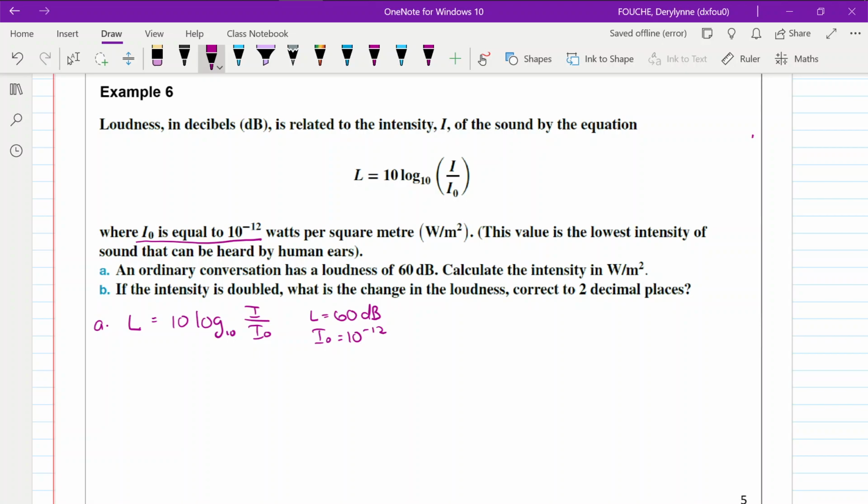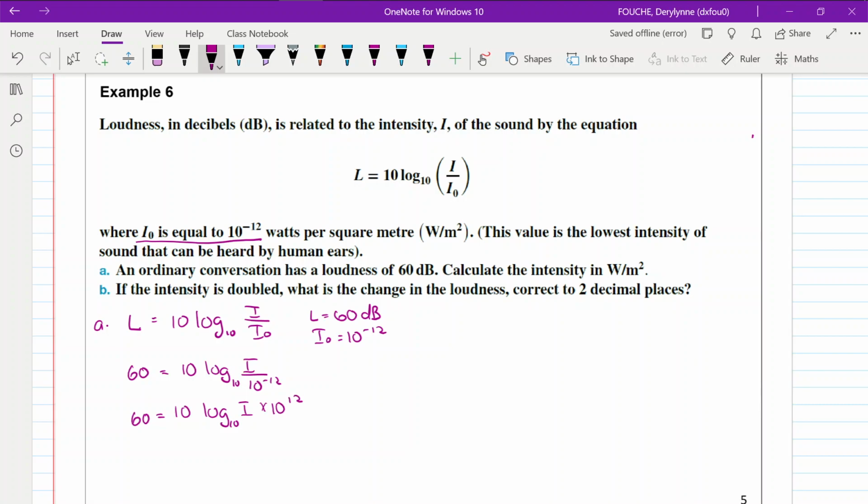So the only thing we don't know is I. Okay, so we've got 60 is equal to 10 log base 10 of I over 10 to the negative 12. And I can take that 10 to the negative 12 up, so I've got 60 is 10 log base 10 of I multiplied by 10 to the 12.